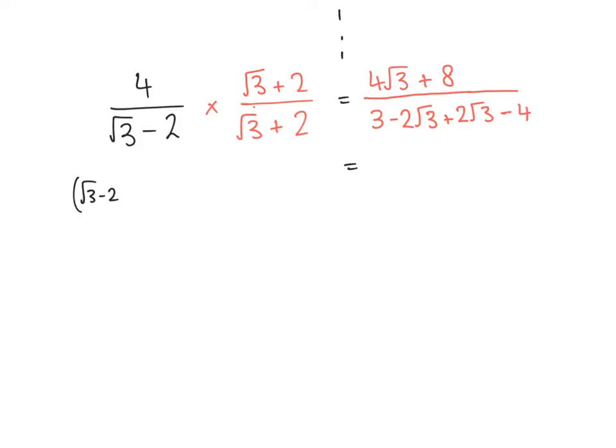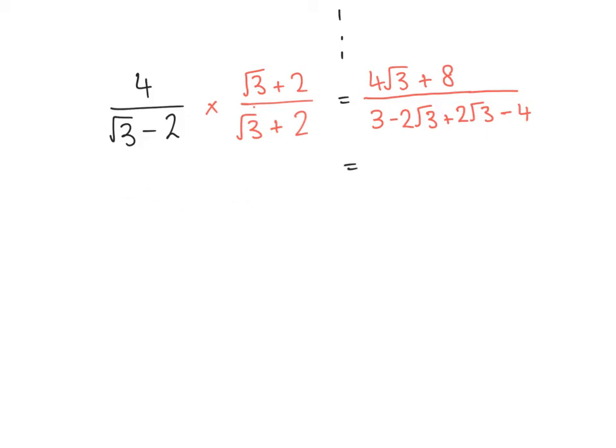All I've done there is just expanded that out as if it were a set of double brackets. So root 3 times root 3 is 3, minus 2 times root 3, minus 2 root 3, plus 2 times root 3, plus 2 root 3, and plus 2 times minus 2 there. So that's all I've done in that example there.